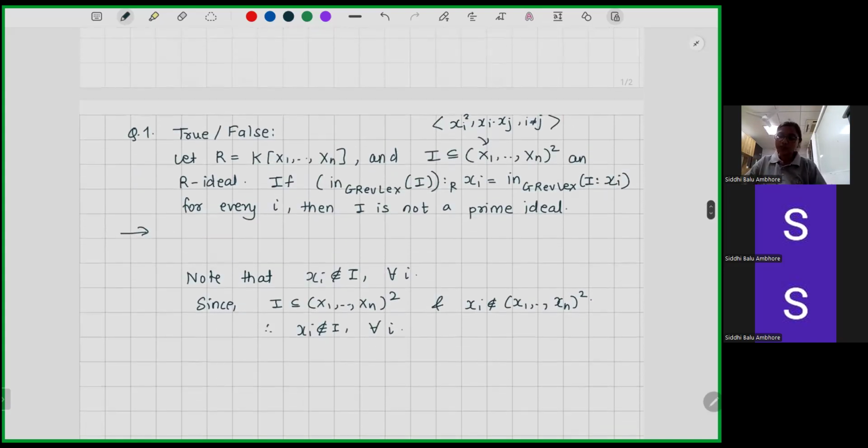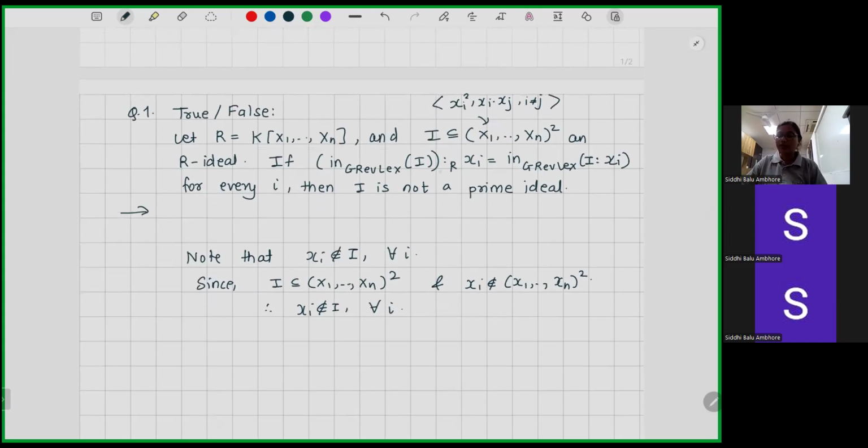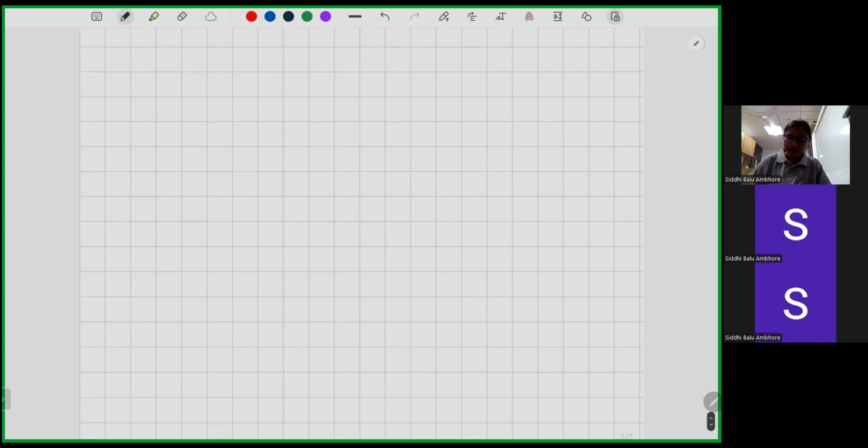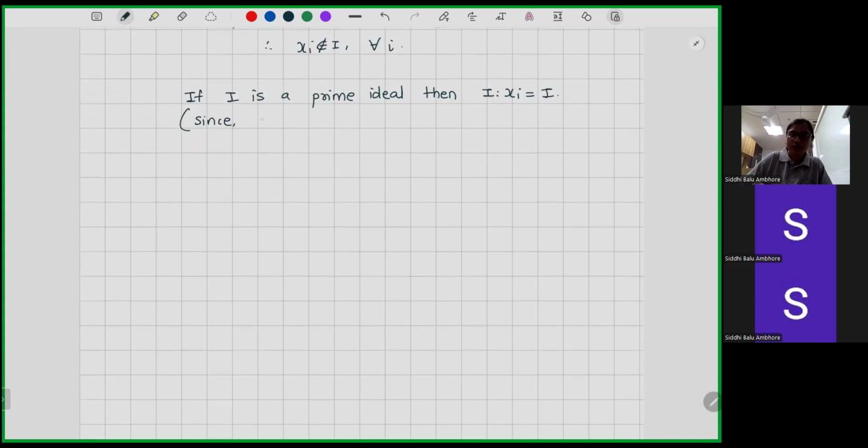What will happen if I is prime? The given condition is in terms of I colon xi and the initial ideal of I colon xi. So if I is a prime ideal, then I colon xi is I. Please observe this: for any given ideal, I is always contained in I colon xi.